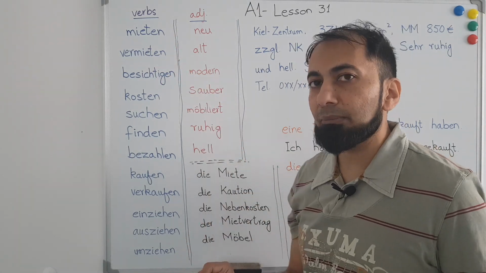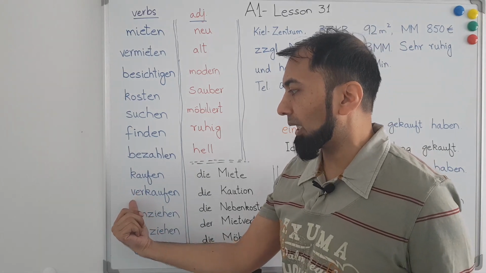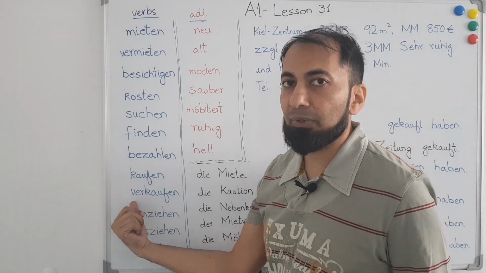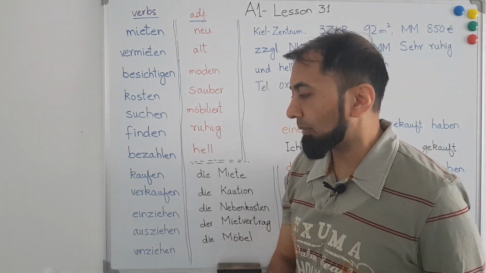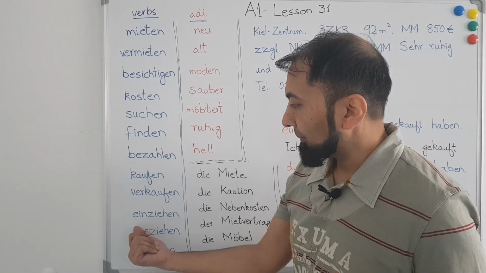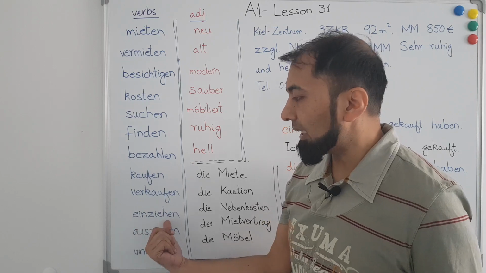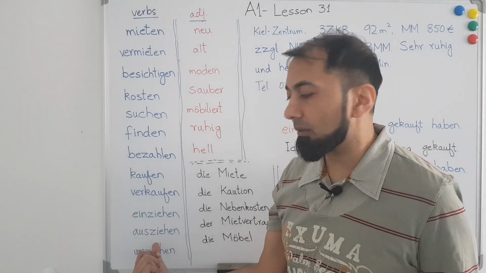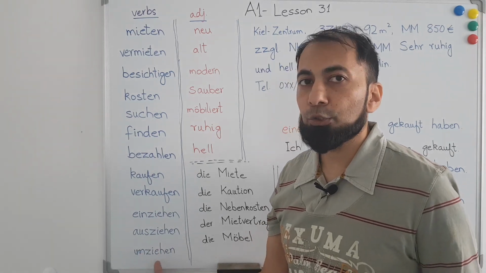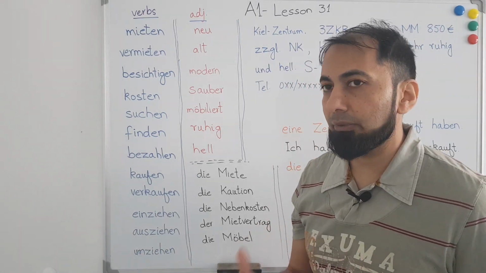But that does not mean that whenever you put the prefix ver in front of a verb, it will become the opposite. That doesn't apply to all of the verbs. Then we have einziehen, to move in. Ausziehen, to move out. Umziehen, to change or to relocate.